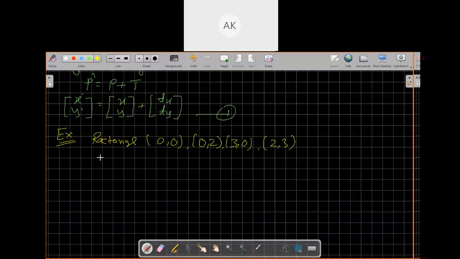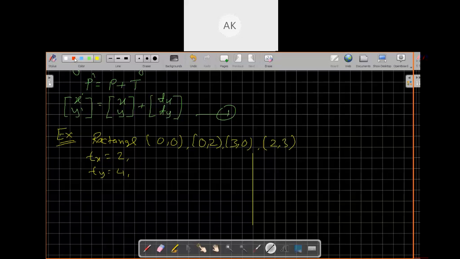Let's see one example. Just consider you are given one rectangle with coordinates 0 0, 0 2, 3 0 and 3 2.